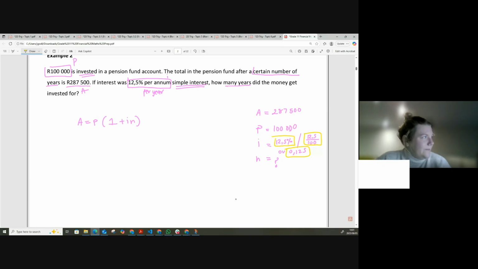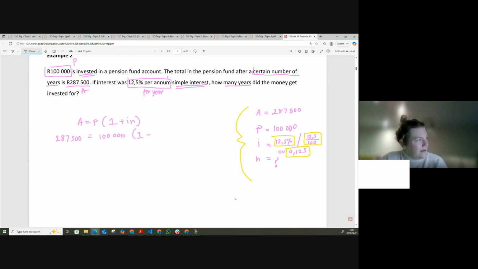Okay, so we have our grocery list, which means we can just put it into our formula that we know is right because it said simple interest. So we're going to say our end amount is equal to our starting amount, 1 plus, I use percentage, so I'm going to write 12.5%, but please make sure you write the one that you're comfortable with, times n.